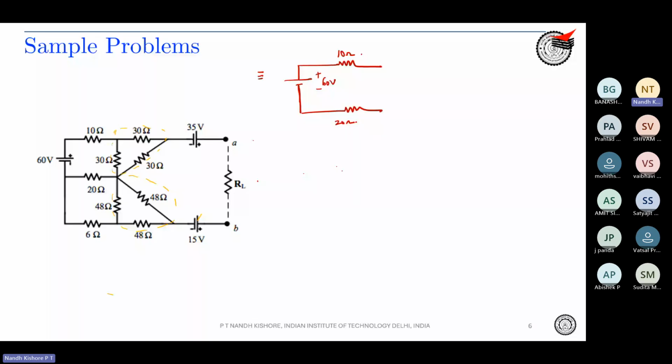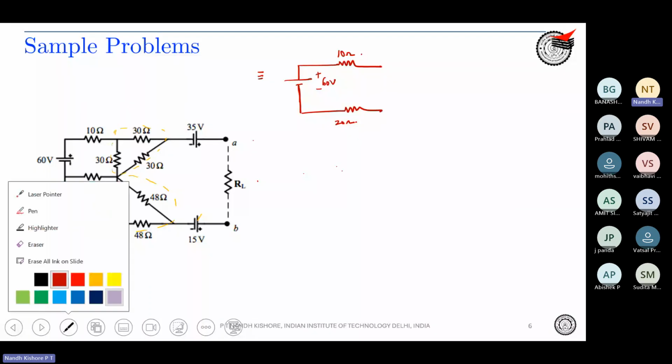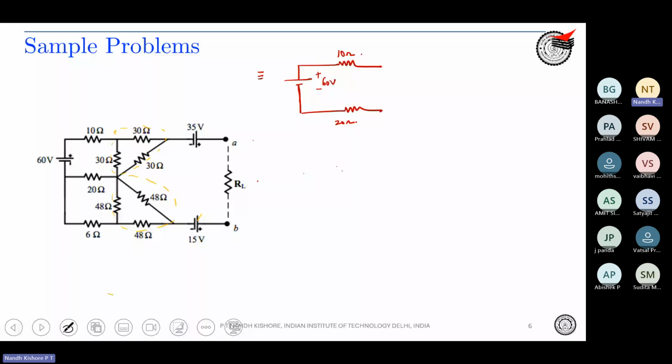After that point, we converted the delta to star, and we saw that each of the resistances is directly 10 ohms, 30 by 3, 10 ohm.